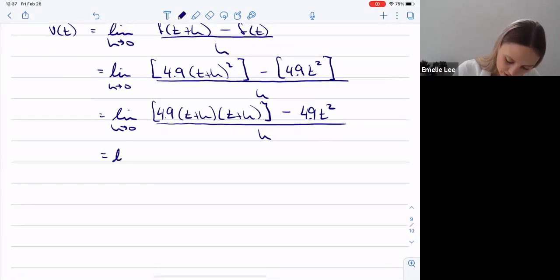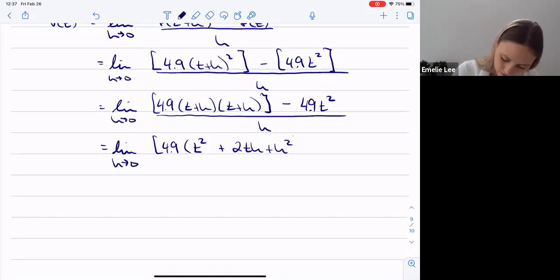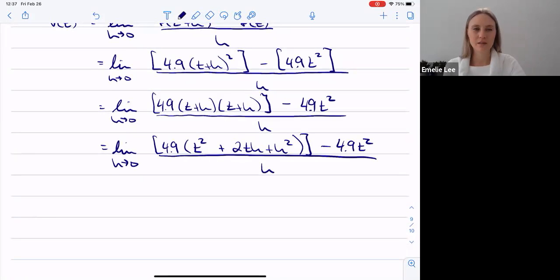Once I do the expansion, I get the limit as h goes to 0 of 4.9 times t squared plus 2th plus h squared, minus 4.9 t squared over h. Shaping up already. I need to expand that 4.9 inside, but I can already see that it's going to cancel out with this minus 4.9 t squared.